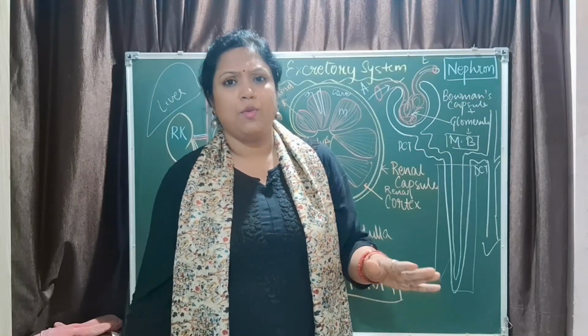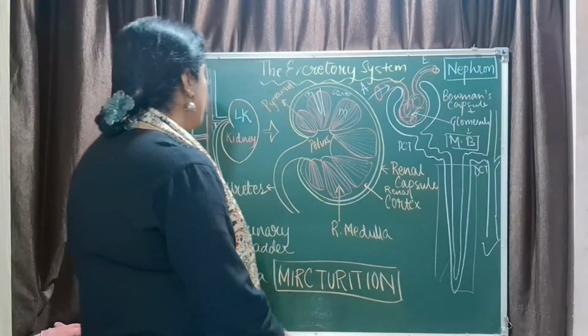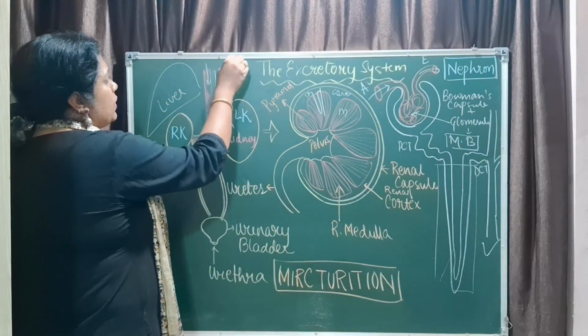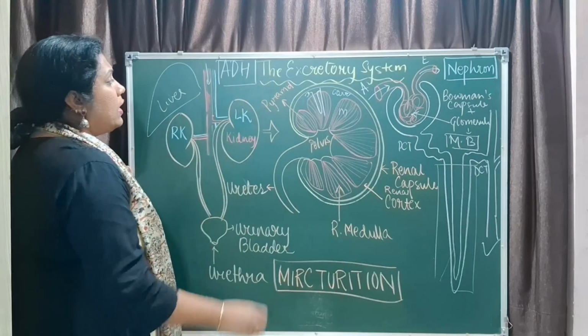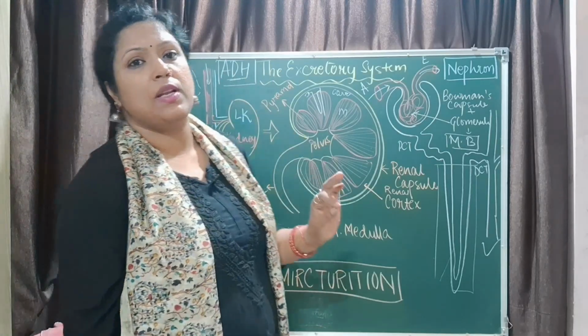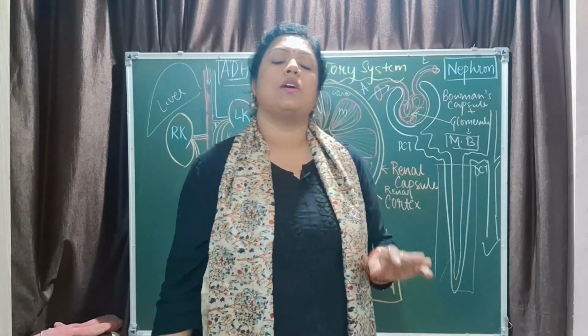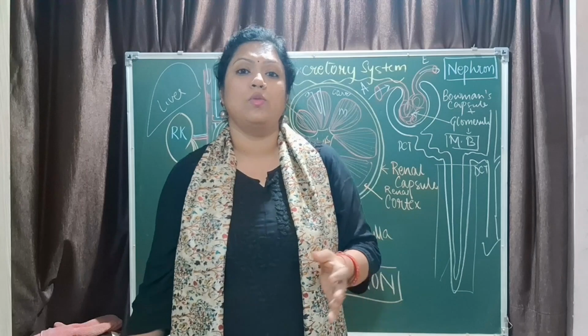If your body has enough water, then you pass out dilute urine. This is done under the influence of a hormone called ADH, antidiuretic hormone. The deficiency of this hormone leads to a disease called diabetes insipidus, in which a person urinates multiple times. That is called polyuria.